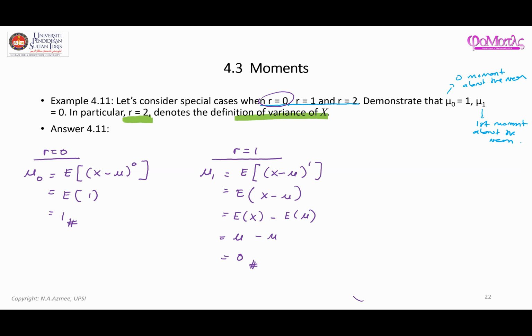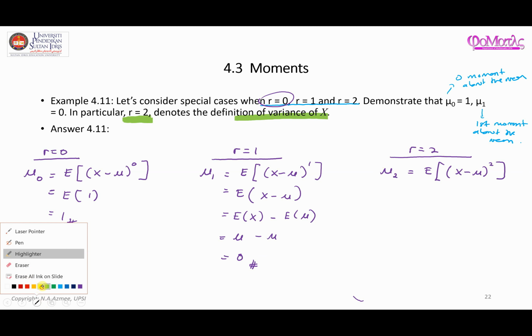And of course, when R is equal to 2, from the definition, we have mu 2, and this is the idea where you have x minus mu and you square it. This is what it means by the definition of variance. So when R is equal to 2, this formula represents the formula to find the variance of x.